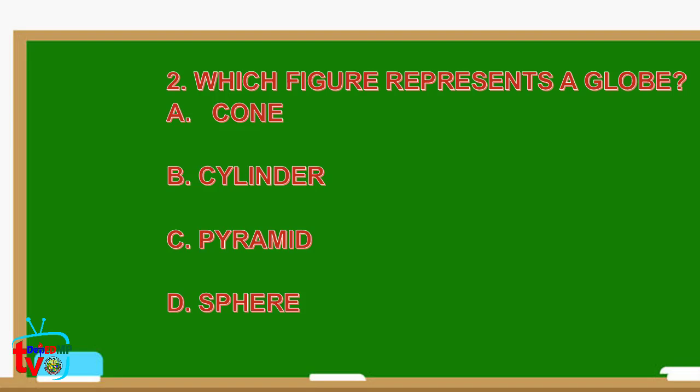Number 2. Which figure represents a globe? A. Cone. B. Cylinder. C. Pyramid. And D. Sphere.